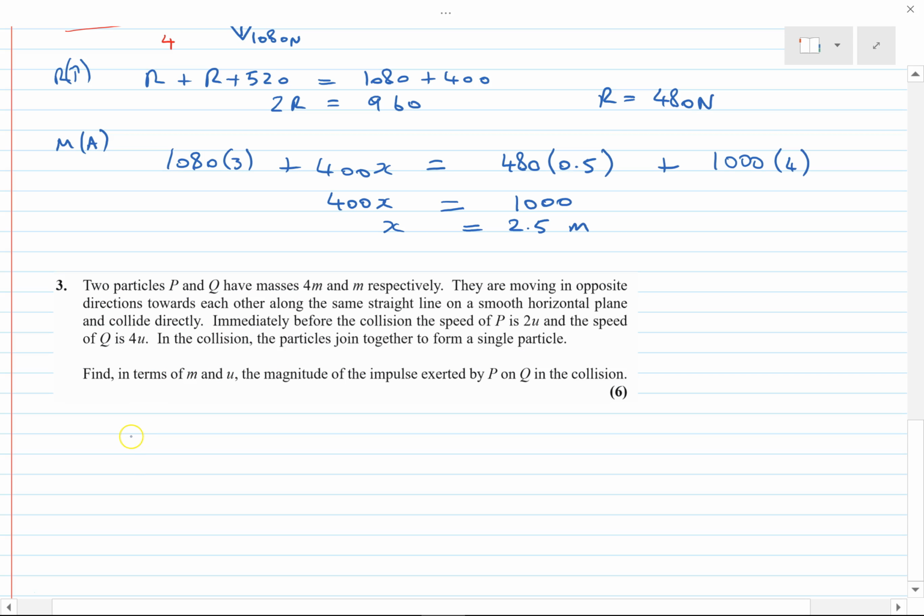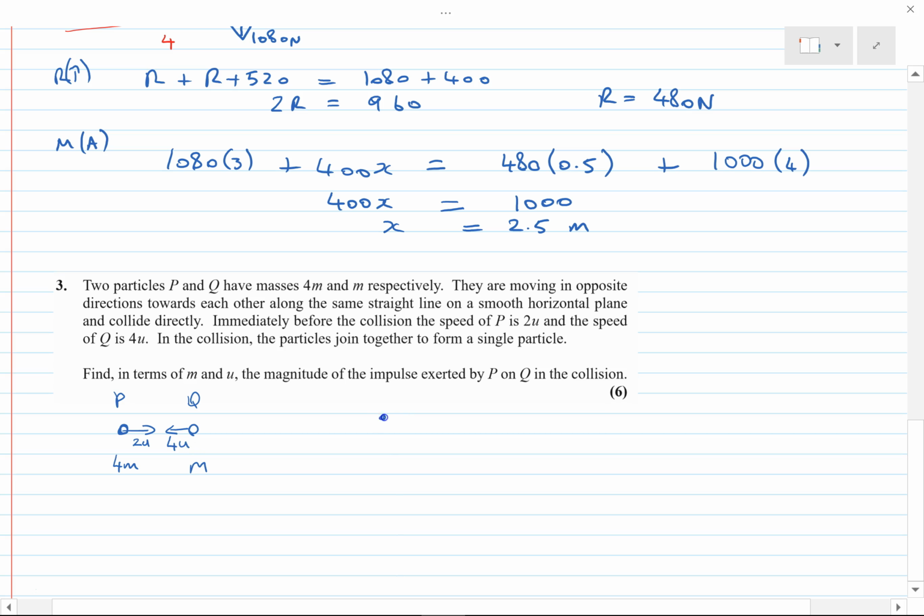Okay, so we've got the impulse equation and momentum we need to use. We've got particles P and Q moving towards each other. P has got mass 4m and it's moving with velocity 2u, and Q has got mass m and it's moving with velocity 4u.